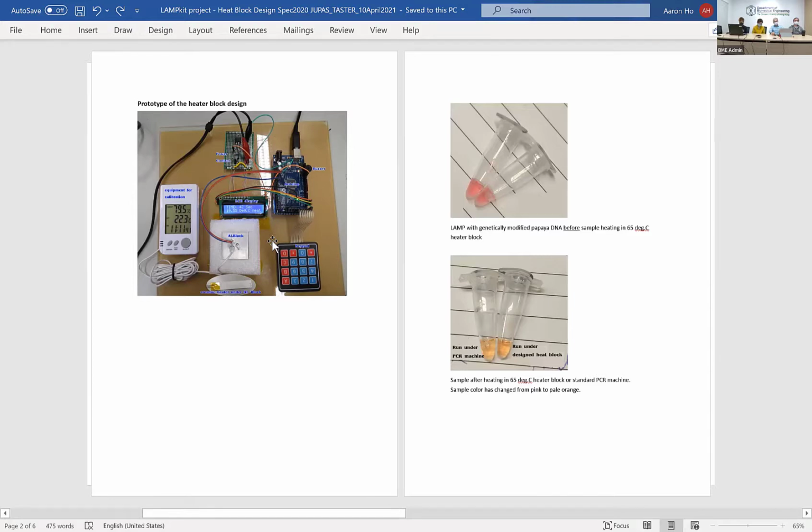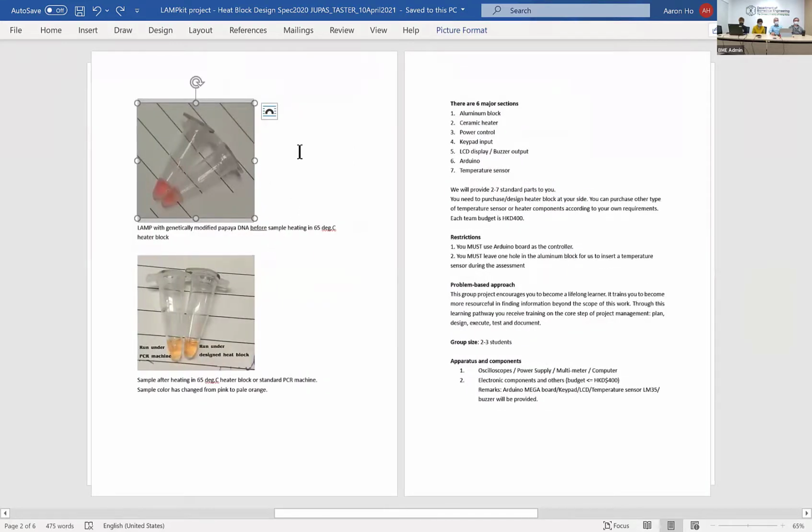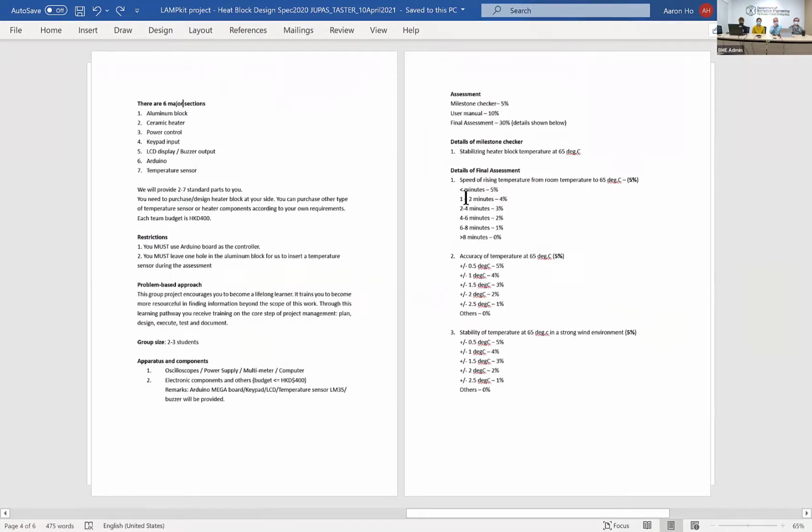Towards the end of that part, we'll set out some conditions for students to test their prototype, like blowing wind from a fan at the device to see if it still maintains the temperature. If it drops, then we deduct some marks, and we check whether or not it maintains the temperature within the specific time, and so on. A lot of it is to implement programming skills and the mathematics behind it, build the software, and program the microcontroller to do the job.